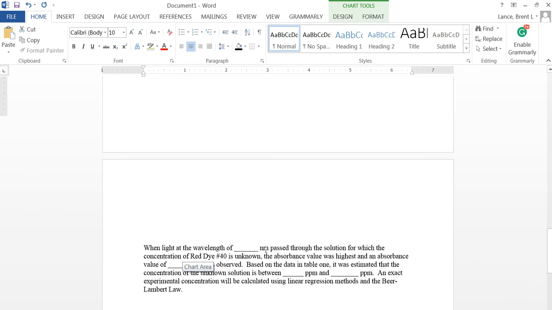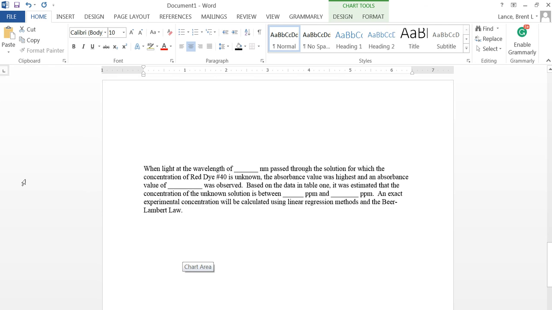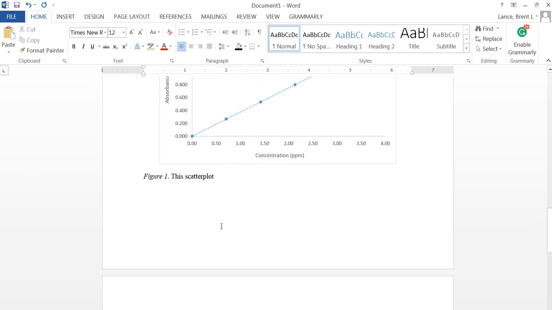And then when you're writing your concluding remarks and stuff like that, I gave you a start on that. This will just be changed a little bit, where you'll be able to discuss that part. Because now you've already done the Beer's Law, so you don't have to say it will be calculated in your formal report, because it should have already been calculated.